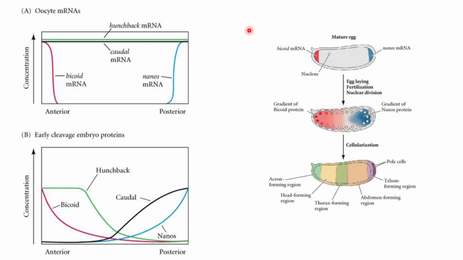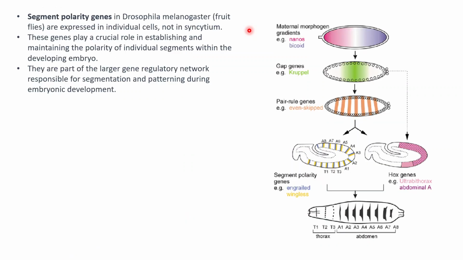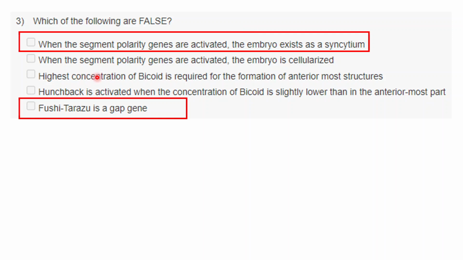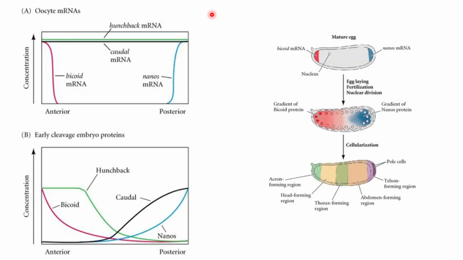Now let us look at the other two statements: the highest concentration of bicoid is required for formation of anterior most structures, and hunchback is activated when the concentration of bicoid is slightly lower than the anterior most part. If you see on my left, these are oocyte mRNAs. Oocyte mRNAs refer to maternal effect mRNAs.